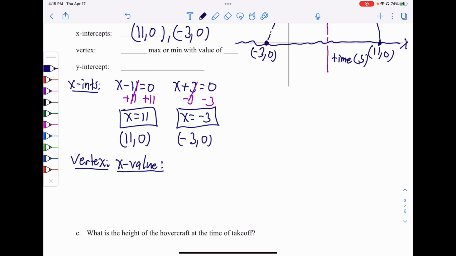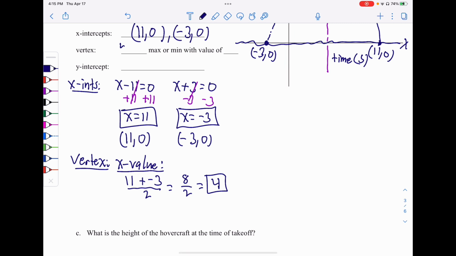So first we need to find the midpoint. So we add up both of our x-intercepts, 11 plus negative 3, and then we find the middle, we cut it in half. Add it together, cut it in half. So 11 minus 3 is 8, divided by 2 is 4.